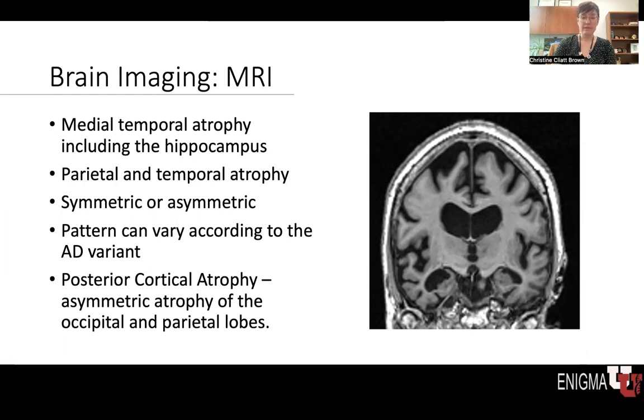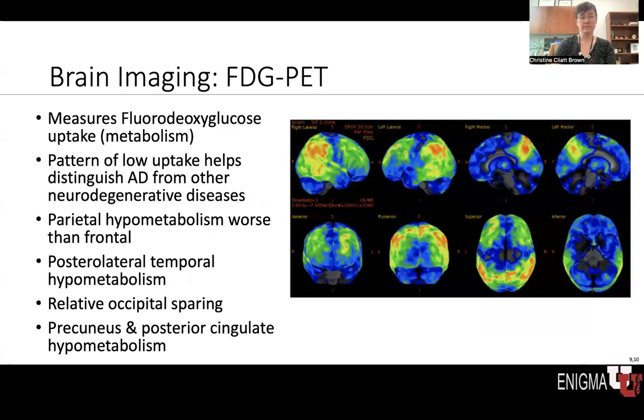This atrophy can be symmetric or it can be asymmetric. And the pattern of atrophy we see can vary according to the Alzheimer's disease variant. For example, in posterior cortical atrophy, or PCA, we see asymmetric atrophy, specifically of the occipital and parietal lobes.